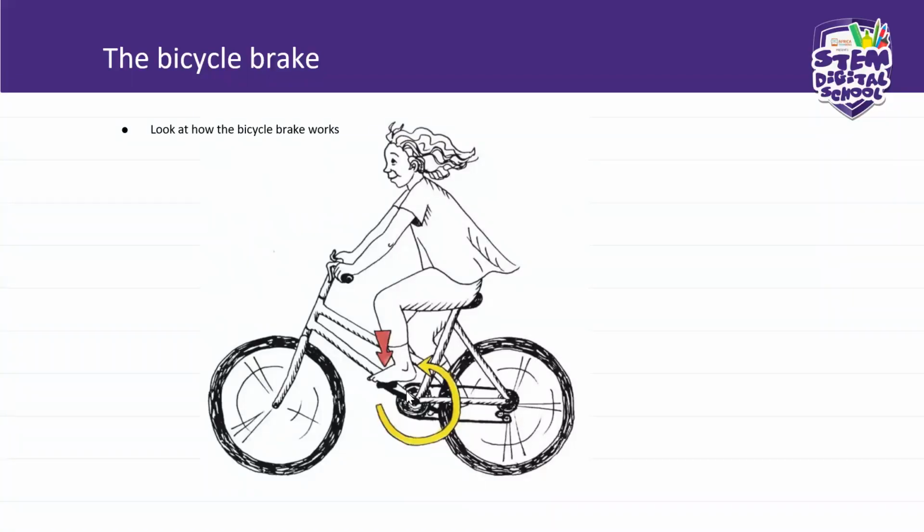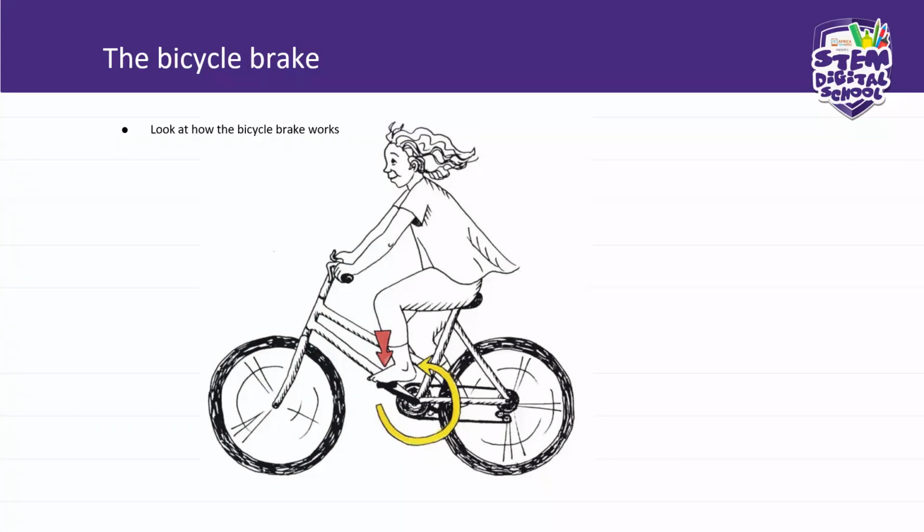Then what will be the process? The chain, yes, the rotary motion of the driver wheel.